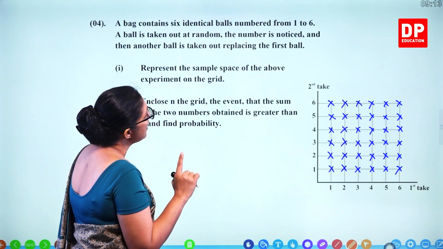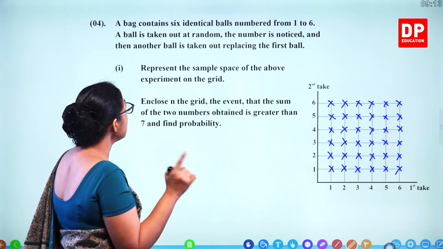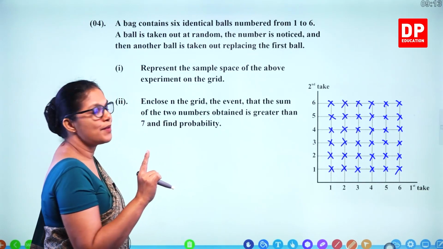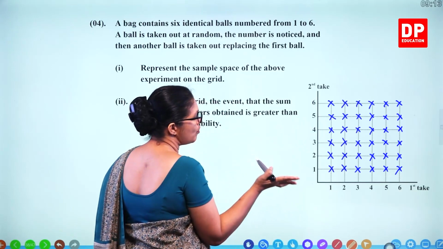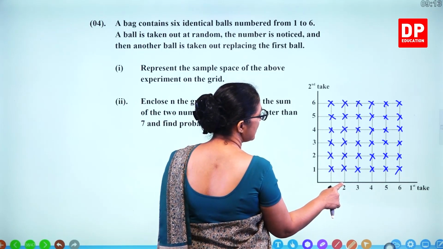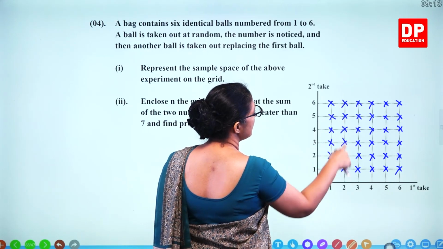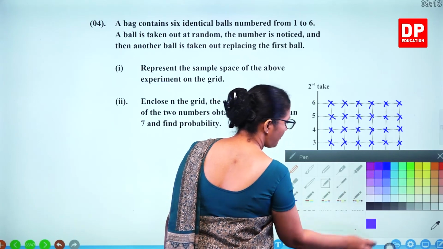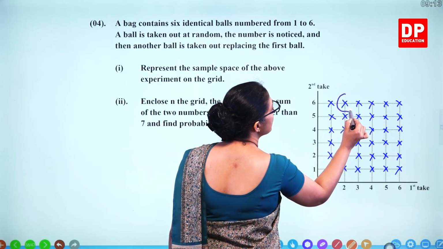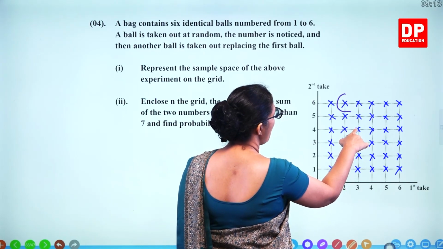Then enclose in the grid the event that the sum of the two numbers obtained is greater than 7, and find the probability. Greater than 7. So 1 with 6, that's 7. You can't take. 2 with 6, that's 8. So you can take this part. Then 3 with 4, 7.